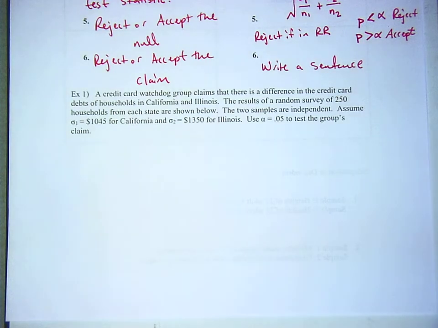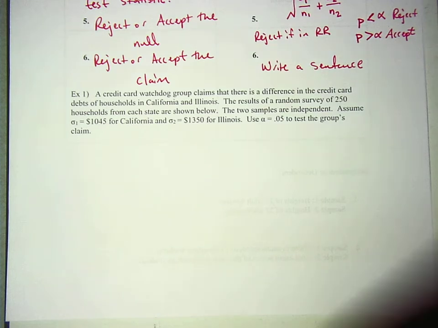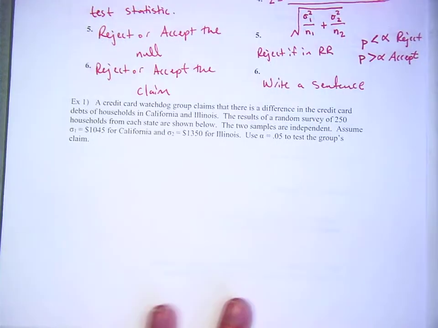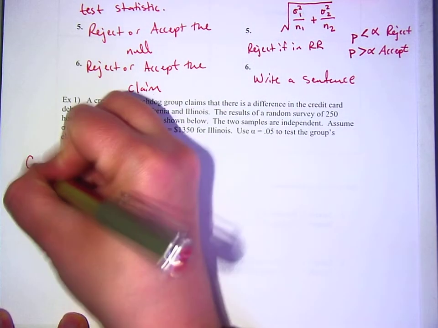A credit card watchdog group claims that there is a difference in the credit card debt of households in California and Illinois. I didn't include the little pasted thing here, so we're going to have to add that. So here we go. We're comparing the two. Here's California.